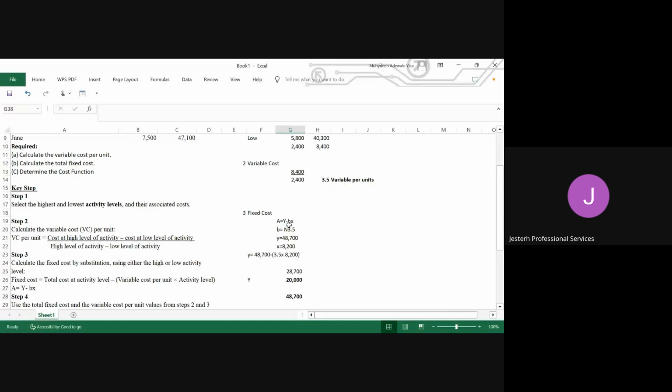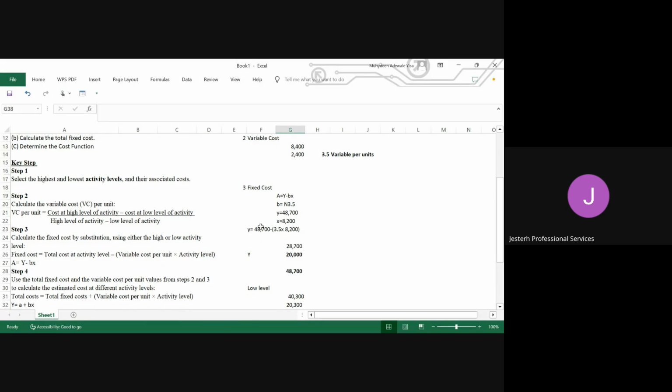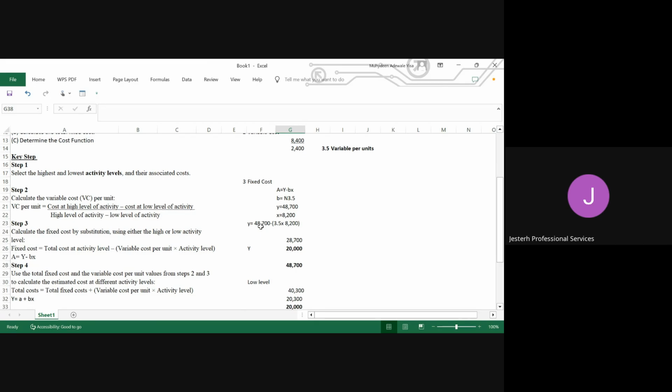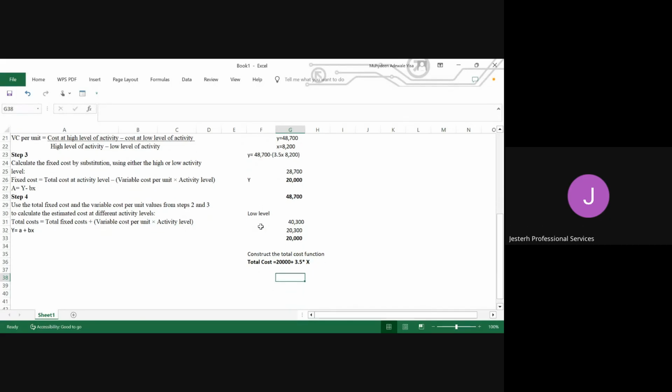That is what we are going to discuss in our next class. And once you are able to come up with your fixed cost, the next thing is to come up with your cost function, which you can be using as the period goes, in order for an organization to determine the total cost of the level of production.